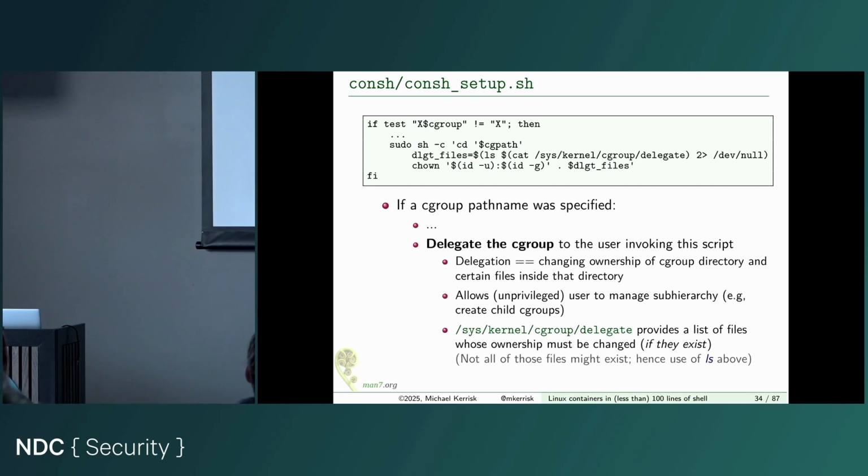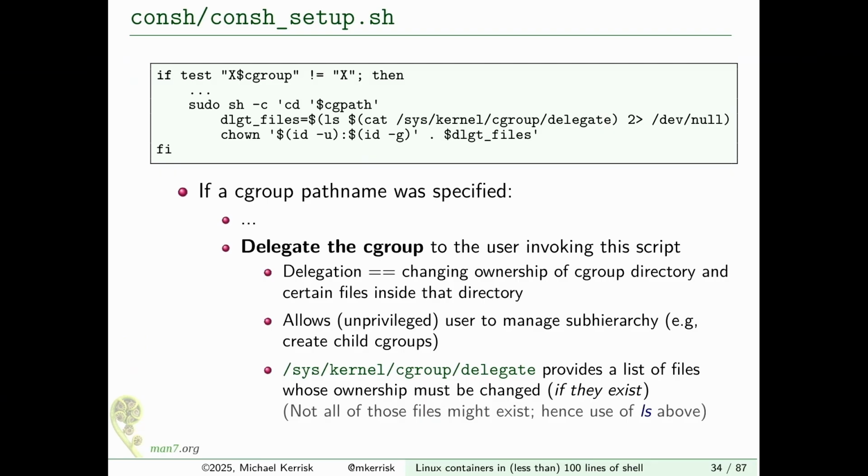The files in the cgroup file system are all owned by superuser. So the default situation is, in order to do things with those files, you need to have a root shell. But I want to run a container for an unprivileged user. So what I'm going to do is take my sub-hierarchy there, the cgroup that I'm creating, and change its ownership to be the unprivileged user.